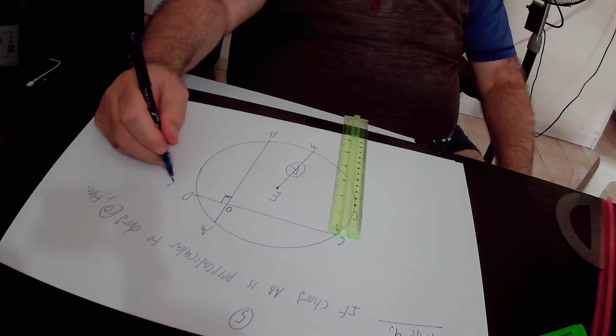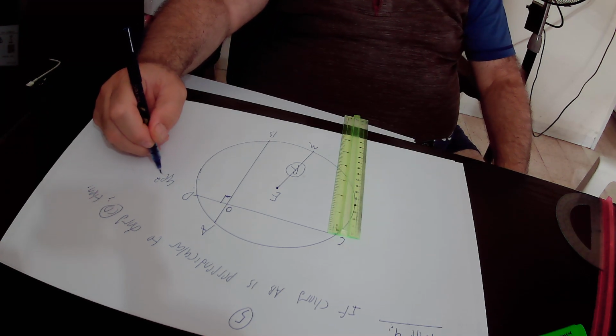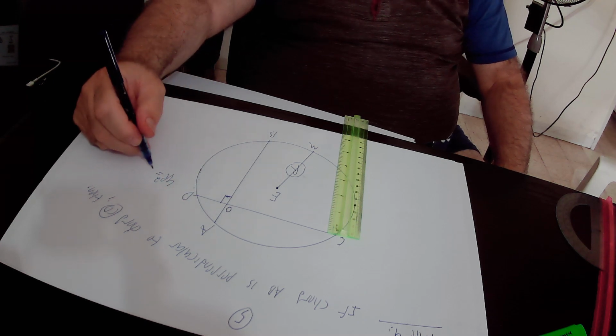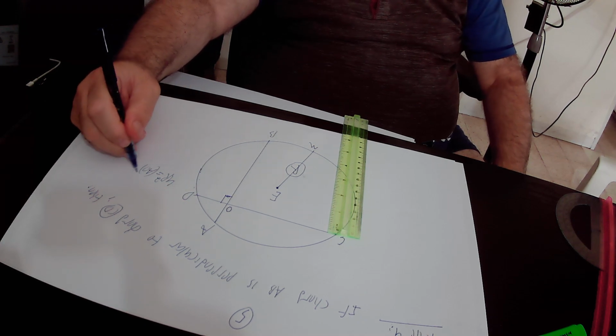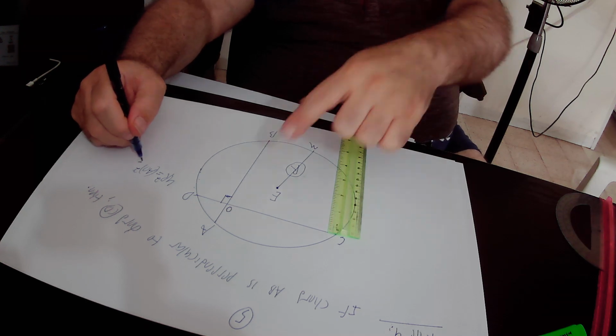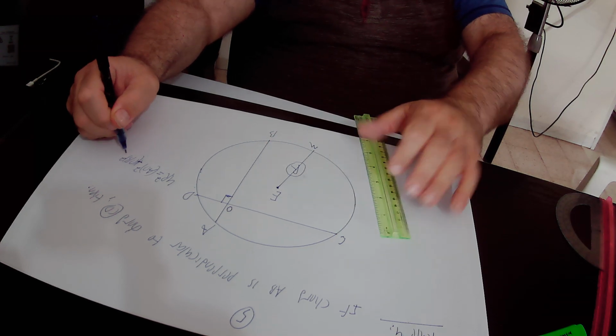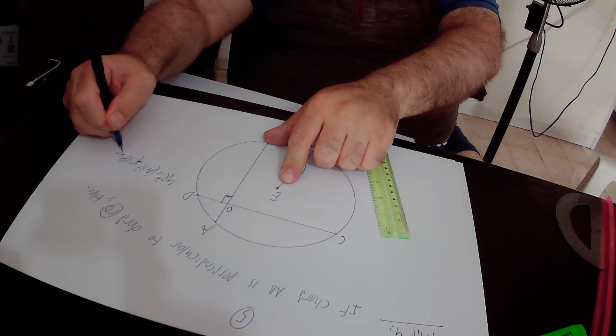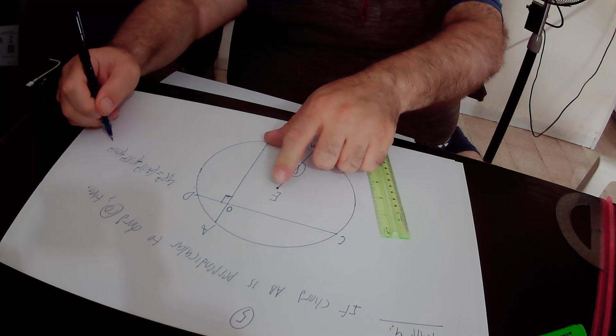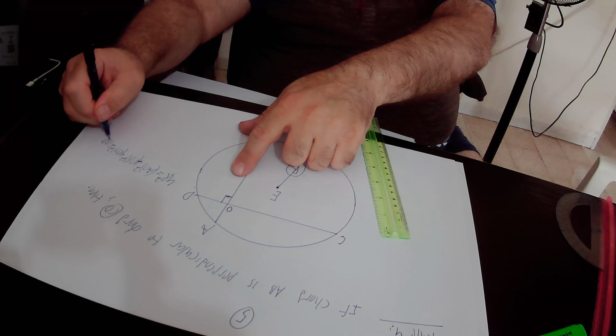4 times R squared will be equal to AO squared plus OB squared plus CO squared plus OD squared.